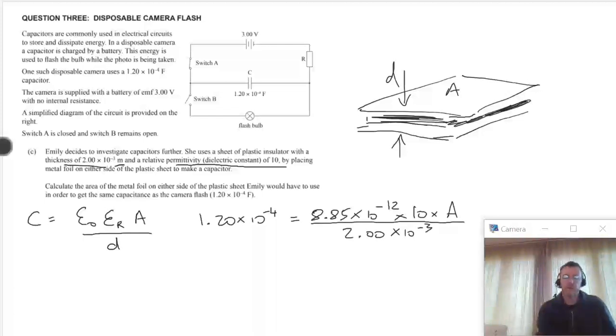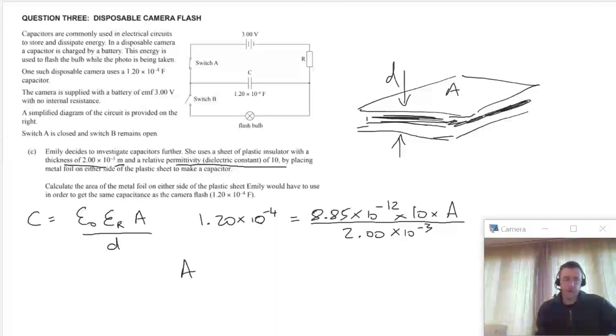So we're all good to go, and we should get an answer in meters squared. Everything has to be in SI units for this equation to work. We've got an area on the top, which is meters squared, and a meter on the bottom, so we have to keep this in SI units, meters.